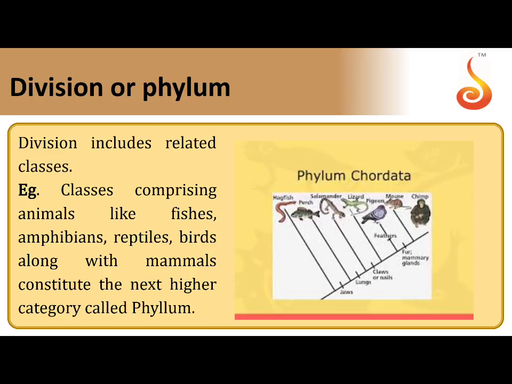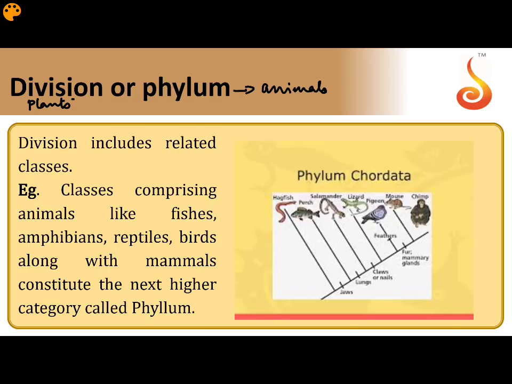Then comes phylum. We use the word phylum in case of animals, and in case of plants we use division. So, a group of related classes is known as phylum or division. Now, look at this.